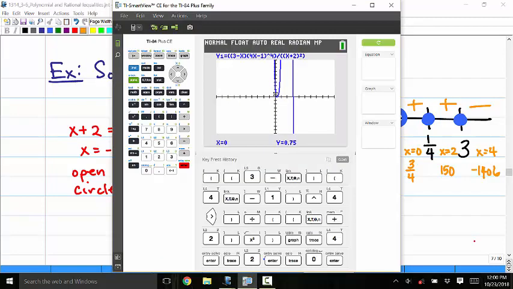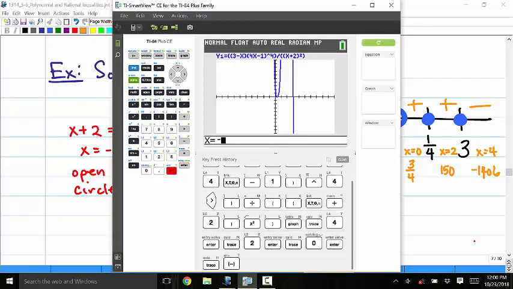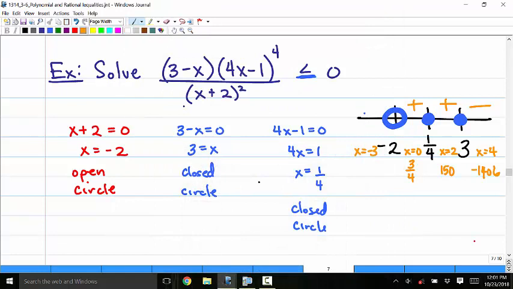And if I do x equal negative 3, I get a really big number, 171,000. Okay, I wanted less than or equal to zeros, right? So here, I want that piece that's less than 0. And I want here, and I want here.